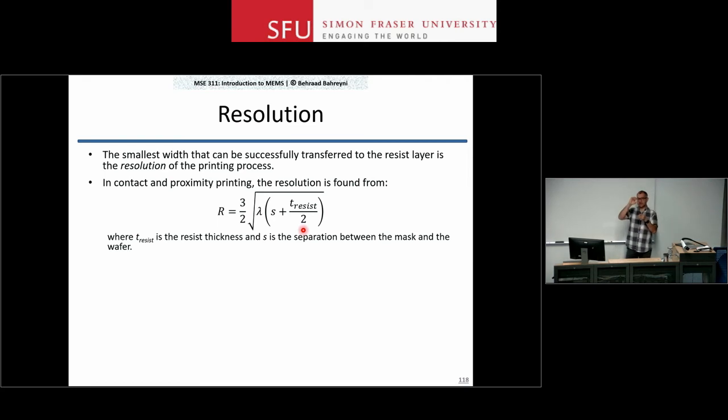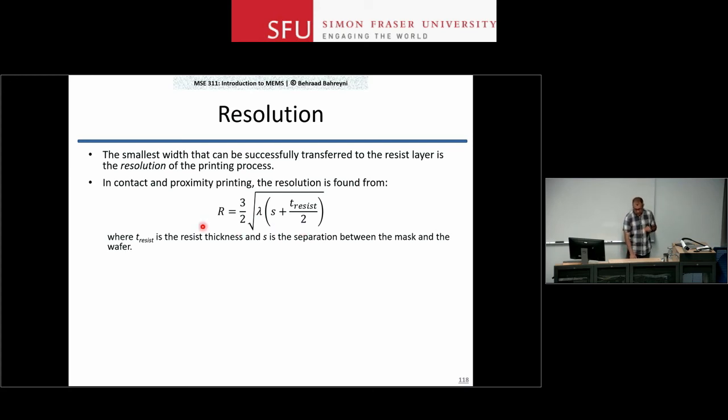Right? So it's as if the thickness of the photoresist, you have to add it to S, but because the light is traveling through a new material, through the photoresist, you have to adjust for that. So that 2 adjusts for the fact that, during the thickness of the photoresist, as the light goes through that thickness of the photoresist, the wavelength of the light will be a little bit shorter.